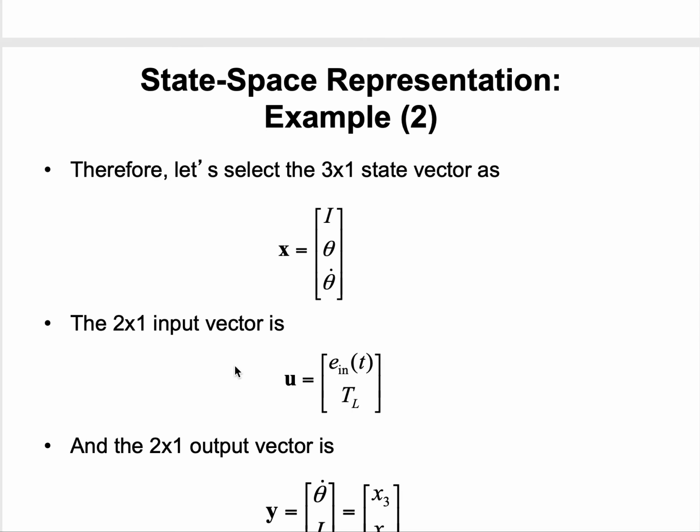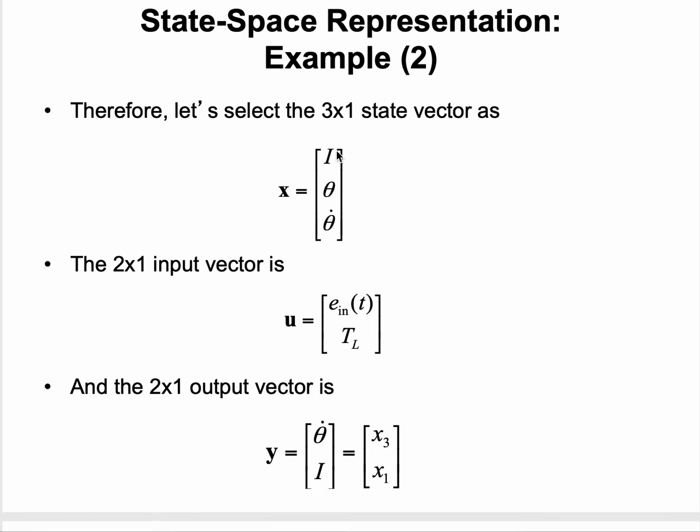We define our state variables as current, angular position, and angular velocity. And we define our input vector. This is the voltage applied to the rotor coils, to the armature, and this is the torque load, where the motor is supplying the torque.